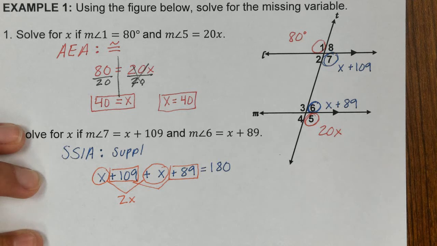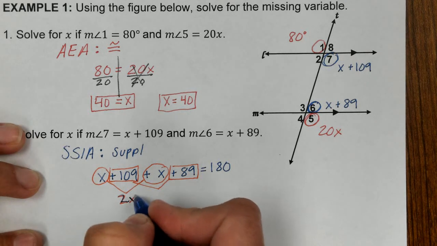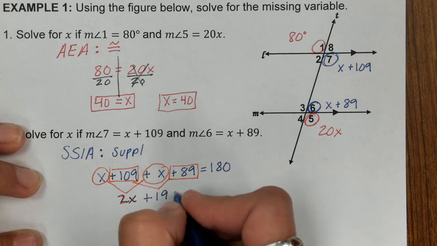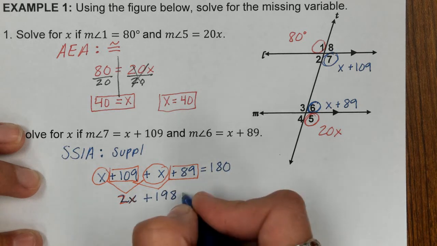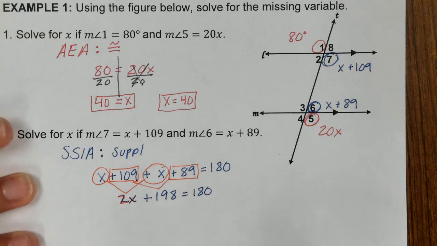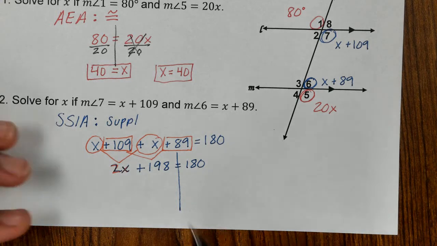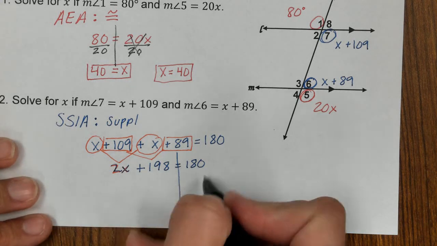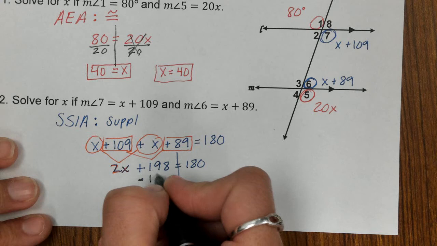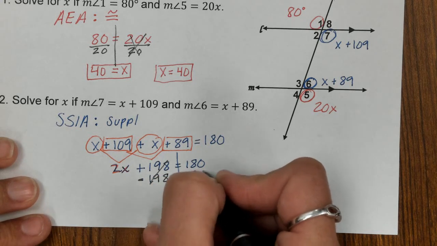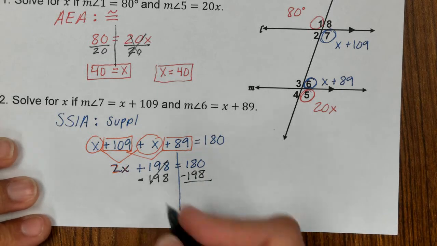And we're going to wind up with a positive 198, all set equal to 180. Now we need to finish our last two steps. The next step, we need to move this 198 to the other side by doing the opposite, subtract 198 from both sides.